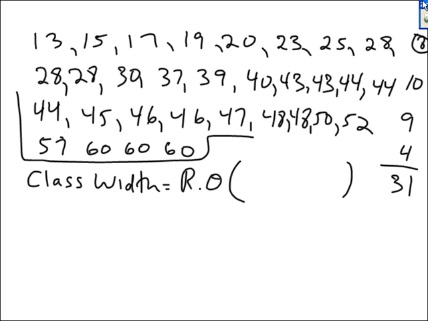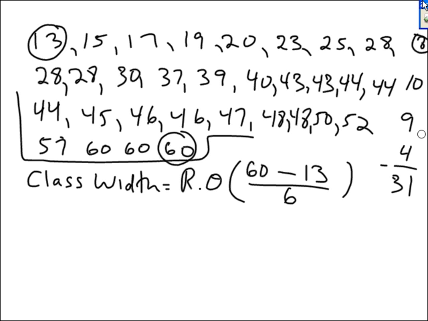Okay, now we want to make a frequency table and cumulative frequency table with 6 classes. The rule is you take the highest number on the list, subtract the smallest number on the list, and I'm telling you to make 6 classes, so you divide by 6.